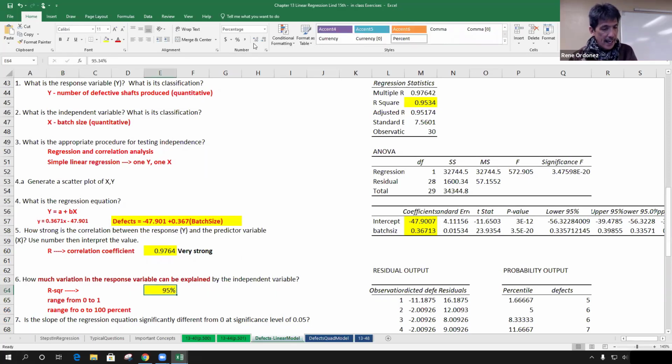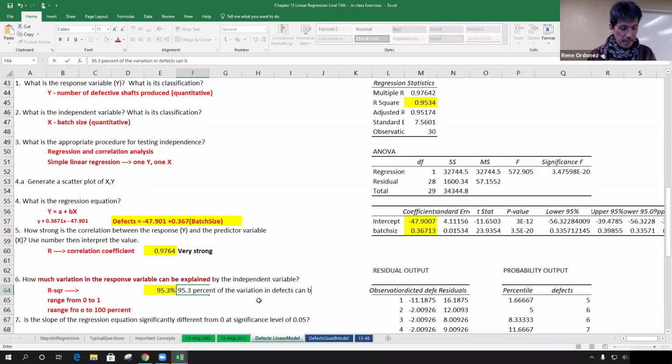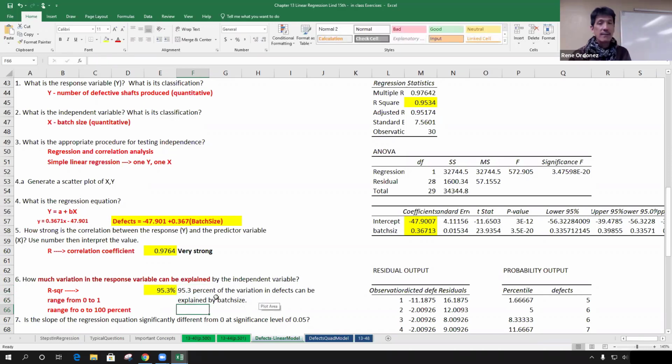And we can say, then, here's the interpretation of this 95%. 95.3% of the variation in defect can be explained by batch size. That's the interpretation of the R squared value. So in other words, there's not much that is unexplained.